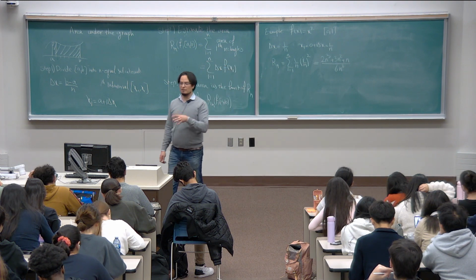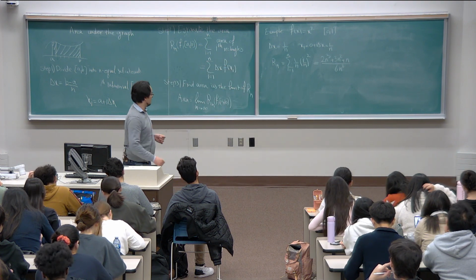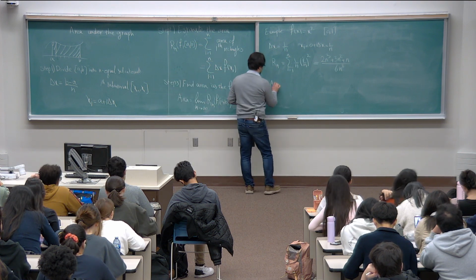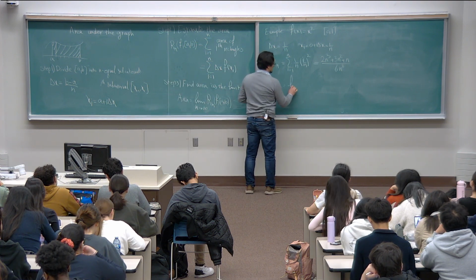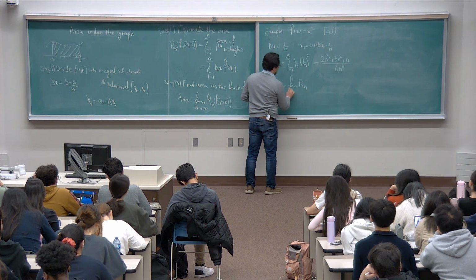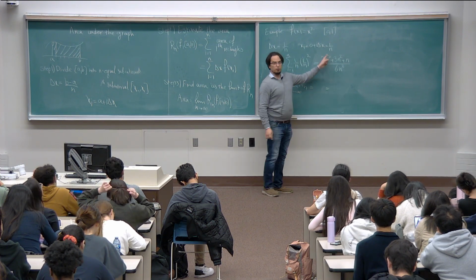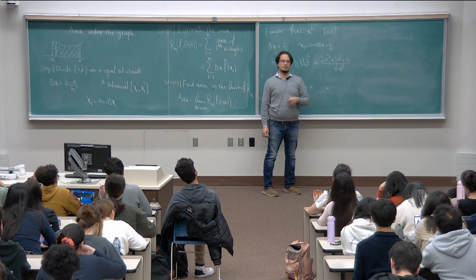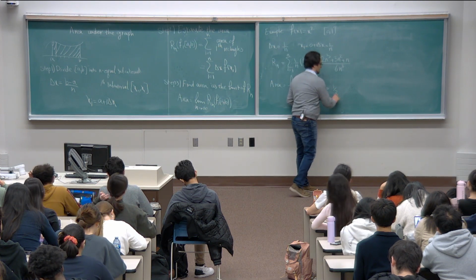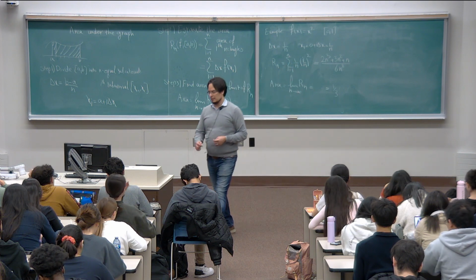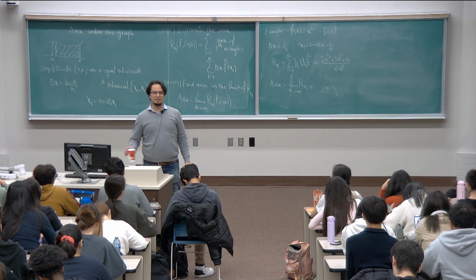We worked a little bit on that. And then we found that the area is the limit of this R_n as n goes to infinity, which after a little bit of work, factoring out the dominant term, we got is 1 over 3. Any questions, any comments so far?